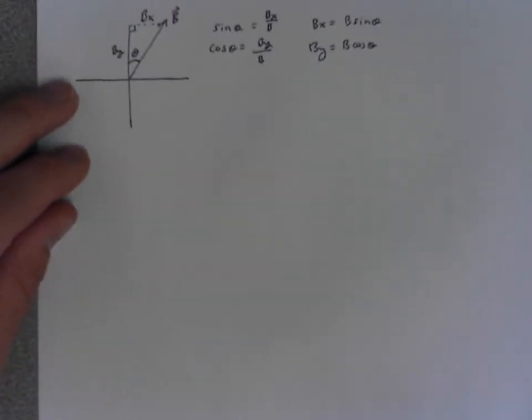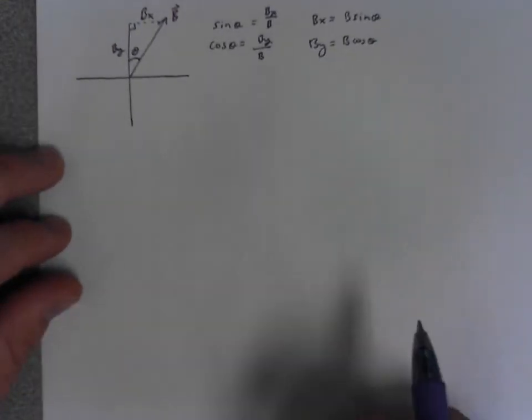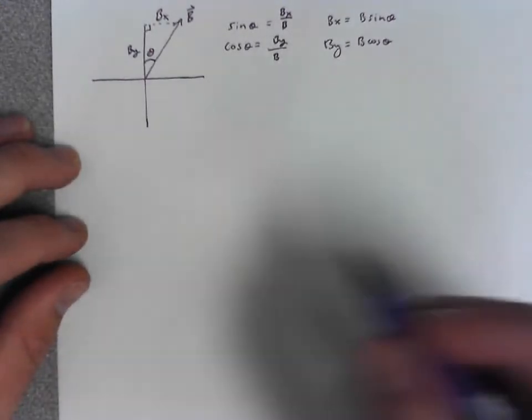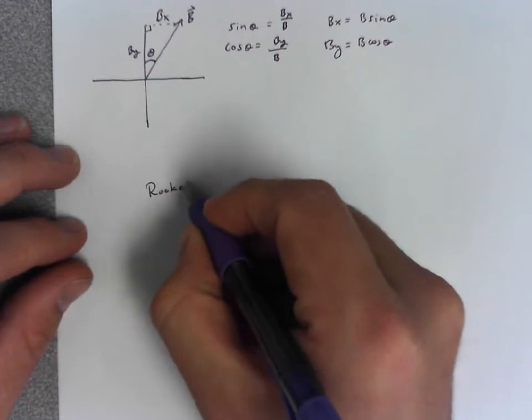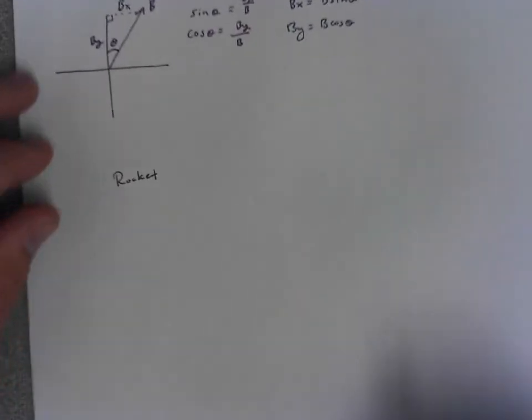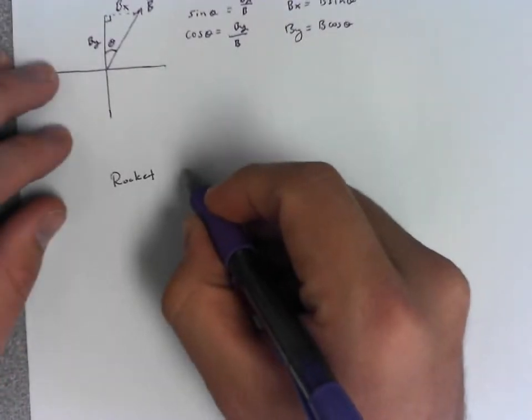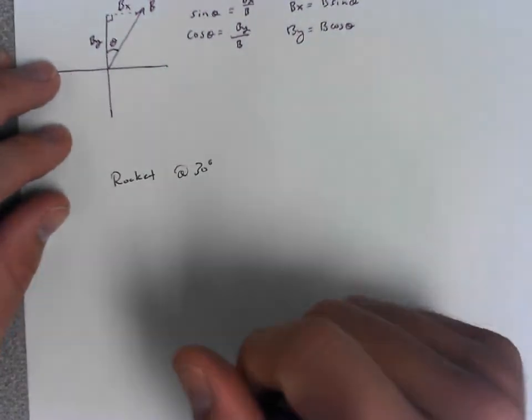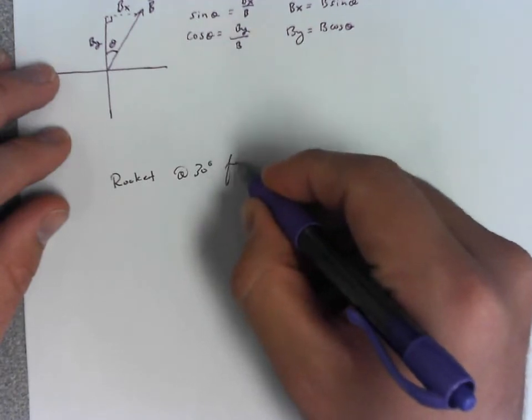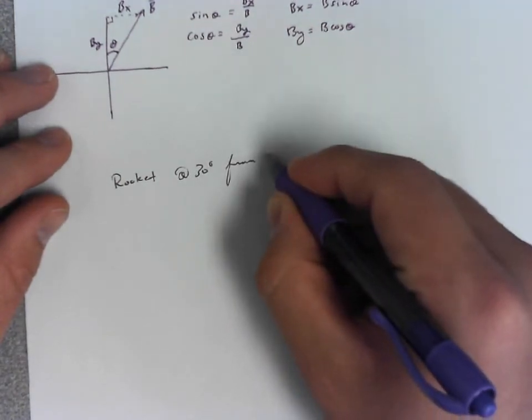Okay, an actual example. Let's say you have a rocket. Okay, so a rocket. I'm not going to draw it because I'm terrible at drawing. Okay, you have a rocket going at a 30-degree angle from the horizontal. We'll just say x-axis.